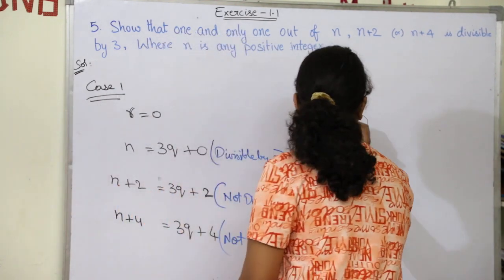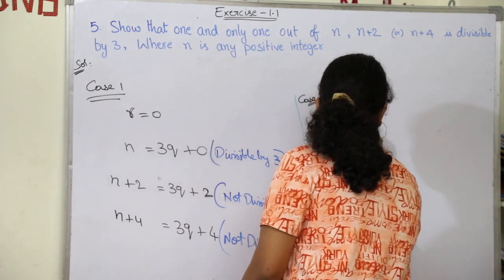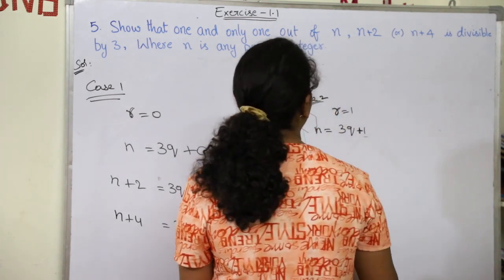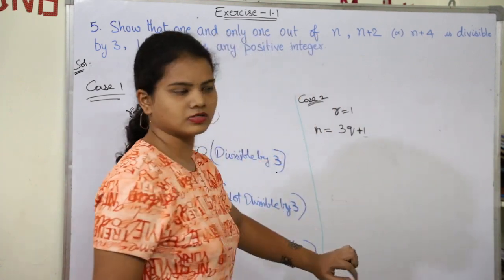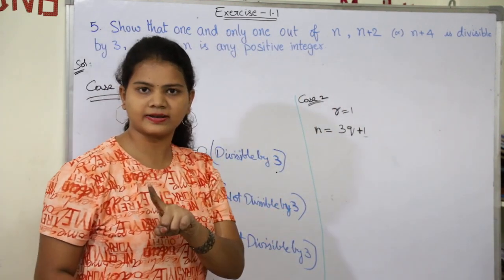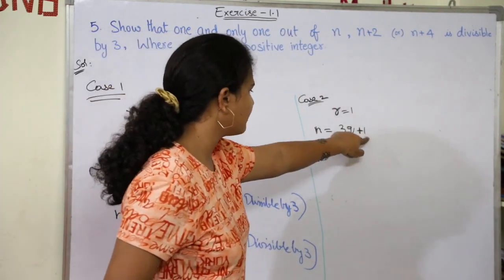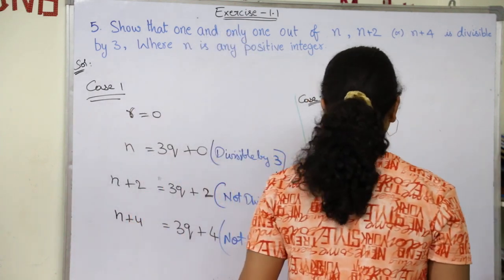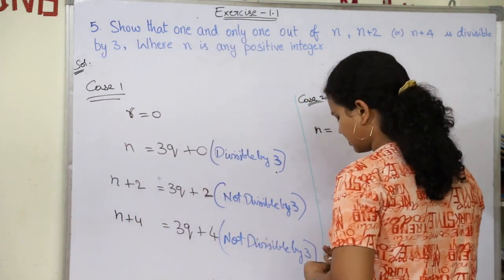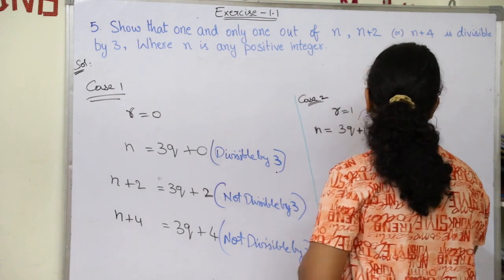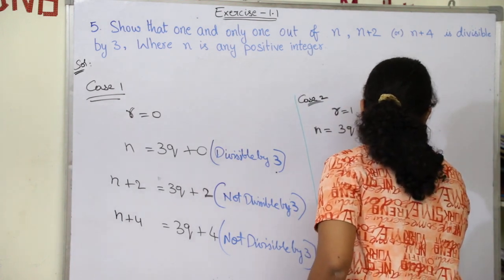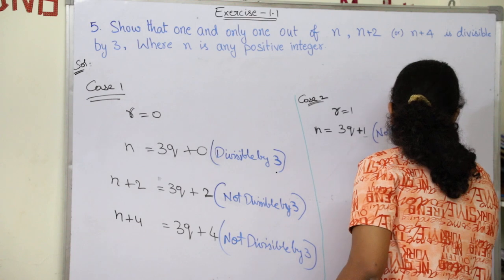Here the remainder is 1, therefore this is not divisible.